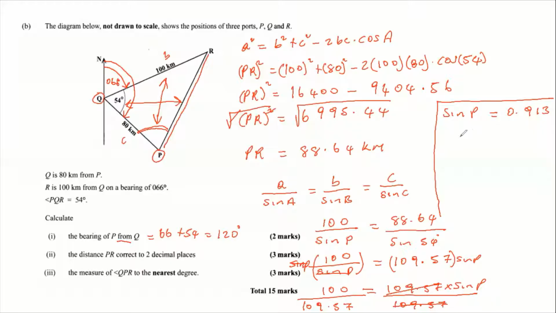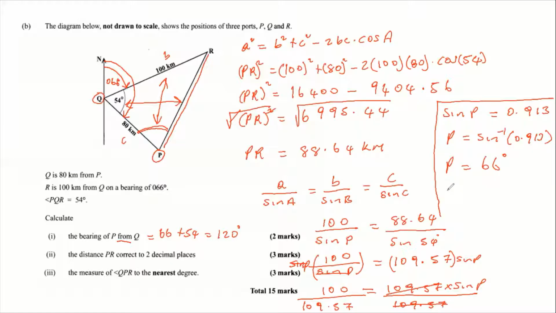So we know that P is going to equal sine inverse of 0.913. It's just a matter of typing this on your calculator, and when you type it you will get approximately 66 degrees.